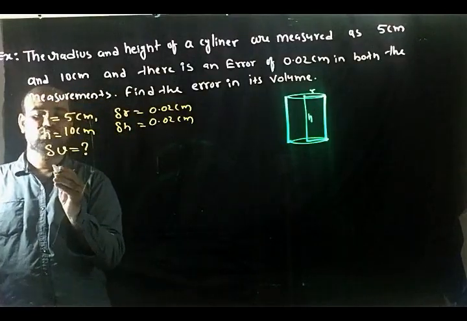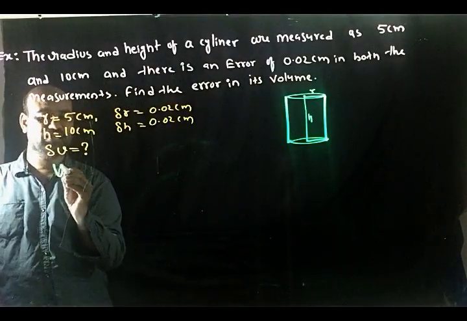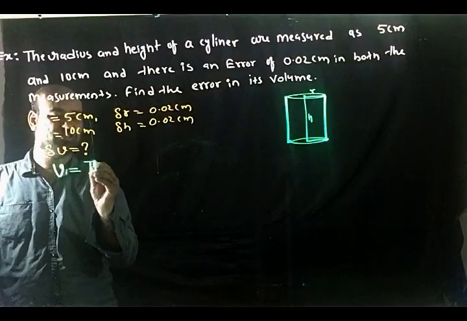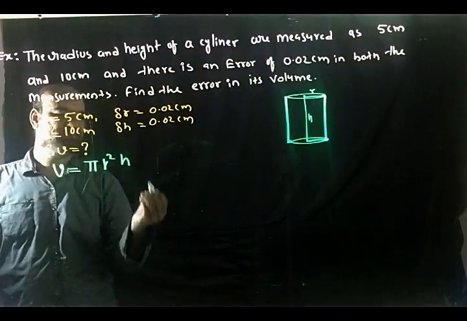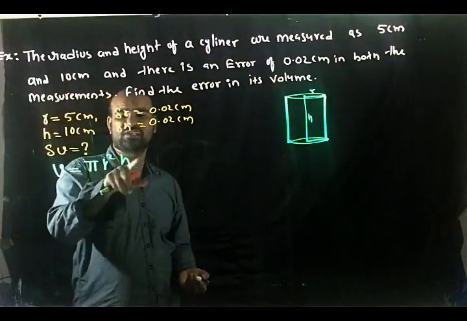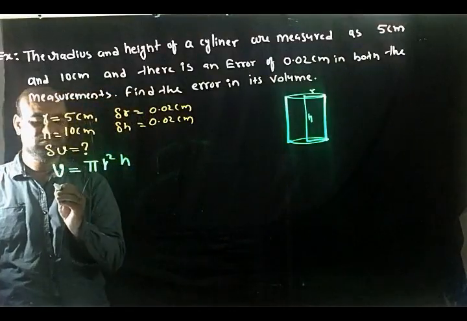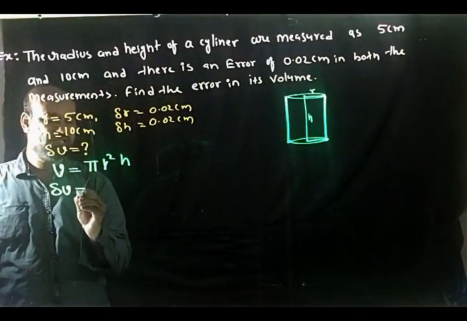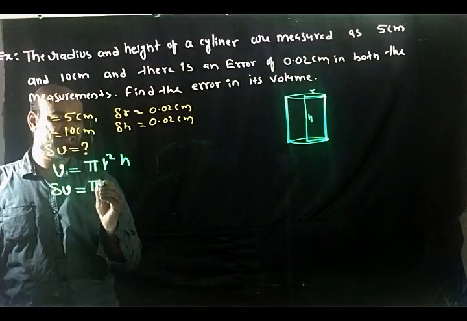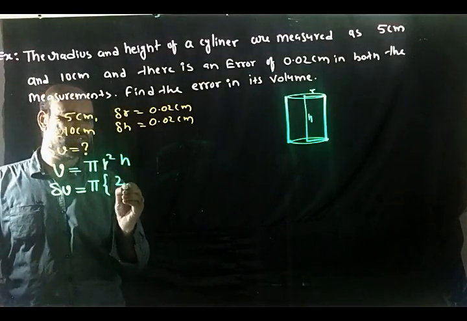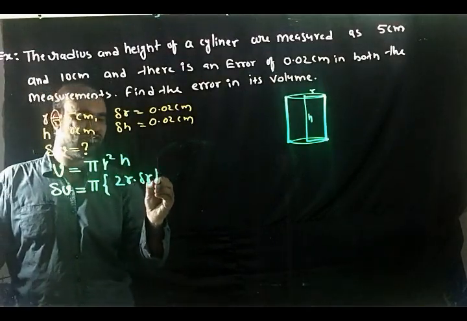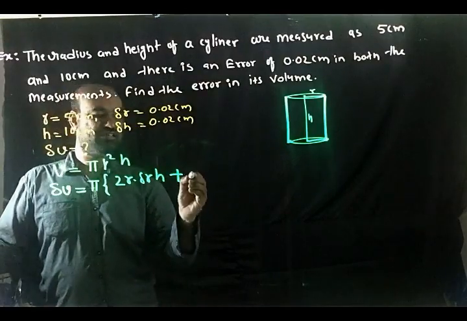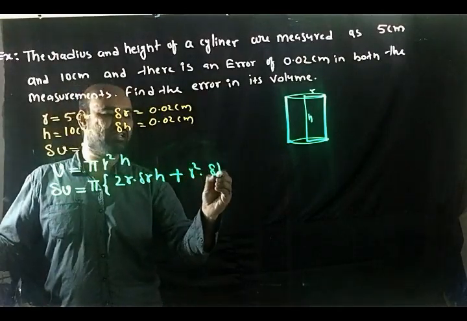So we know that the volume of a cylinder V is equal to pi r square h. R stands for base radius, H stands for height. Delta V equal to pi times the bracket (2r into delta r into h plus r square into delta h).